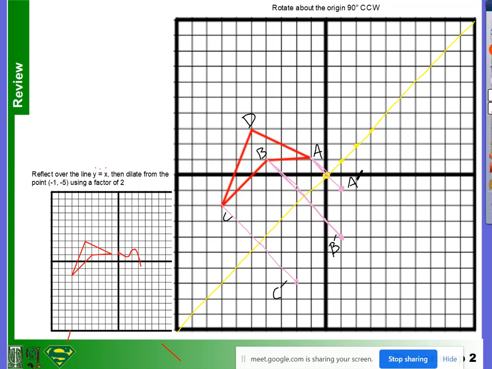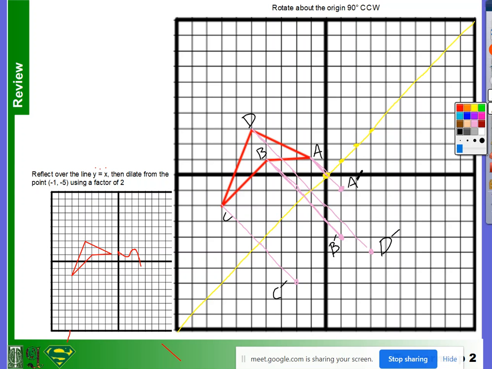All right, and finally, we need to do the same thing for D to find D prime. There's a 1. How many diagonals? 4. So 1, 2, 3, 4. And what am I going to call this point? D prime. Excellent.